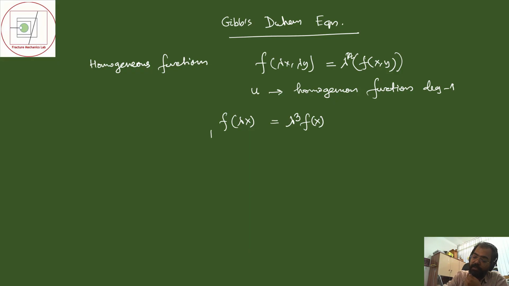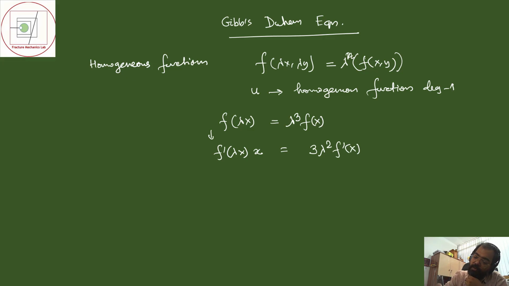The derivative of this is going to be f dash of lambda x, and we are differentiating with respect to lambda, not with respect to x. So it is going to be f dash of lambda x into x, because x is not a variable in this case, lambda is, so you'll have x, and this will be equal to 3 lambda square f of x.